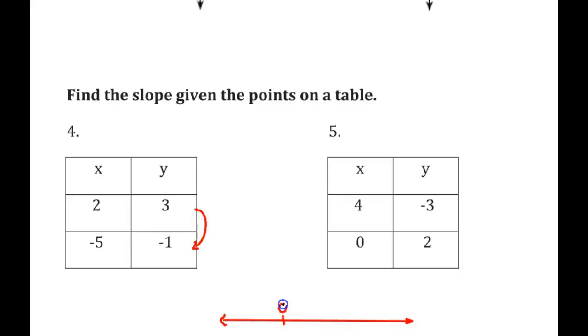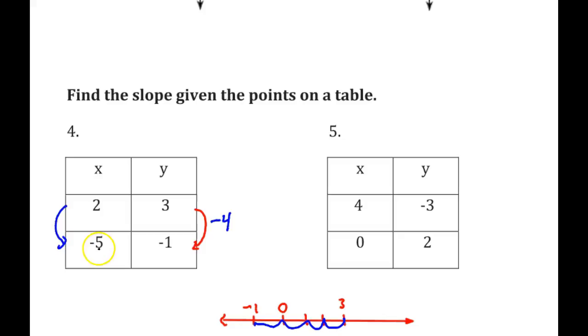Put 0 here, and negative 1 here, and then we have 1, 2, 3. Very similar to the graph, you can just count. From 3 to negative 1, it's going to be negative 1, 2, 3, 4. Another way of checking that is saying 3 minus 4 should be negative 1, and it is.